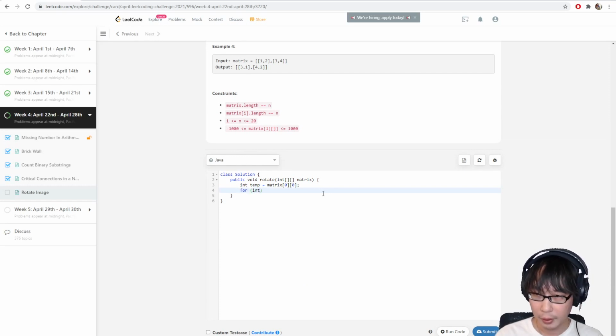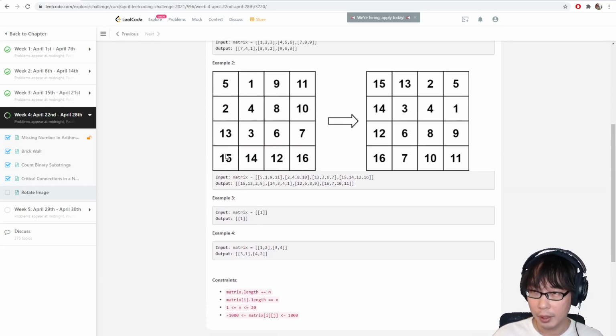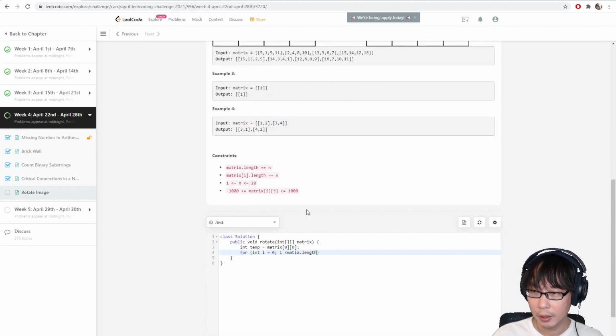For integer i equals 0, i smaller than matrix length divided by 2.